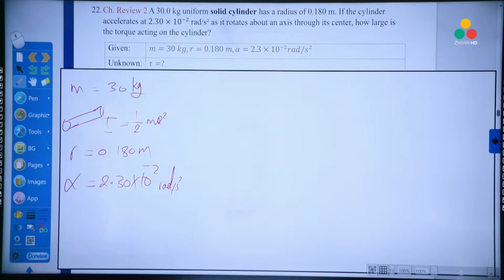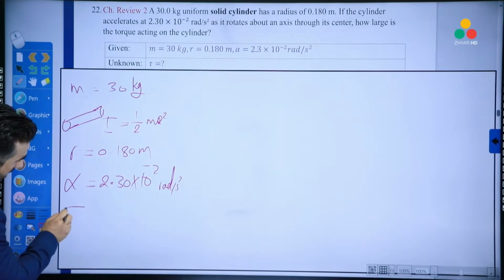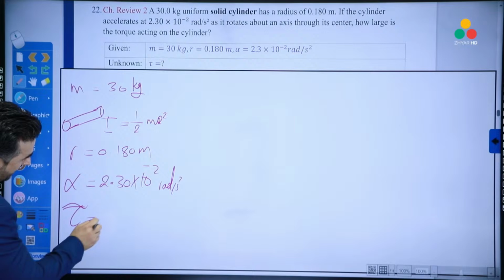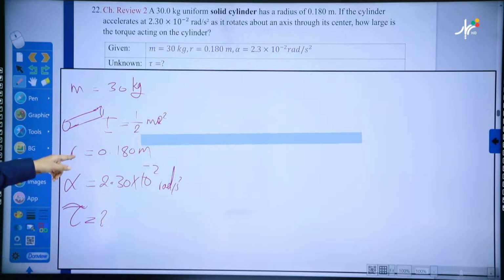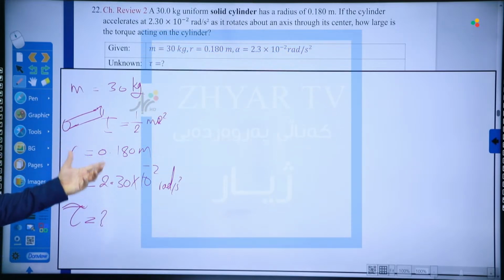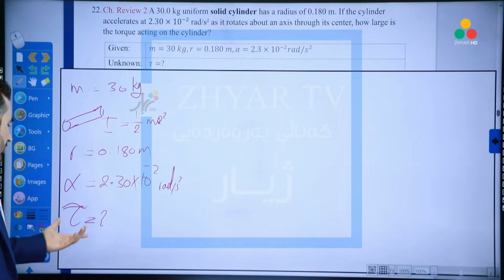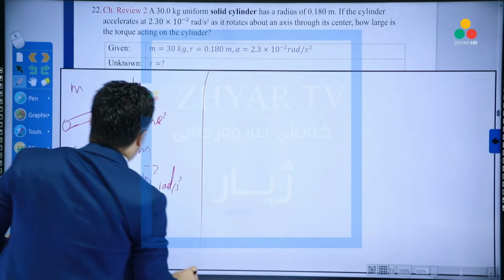How large is the torque acting on the cylinder? So find what? Find the torque acting on the cylinder. So take a look. What is the information that you have? You have angular acceleration, you have mass and radius where you can find moment of inertia, right? And then of course you can find the torque.